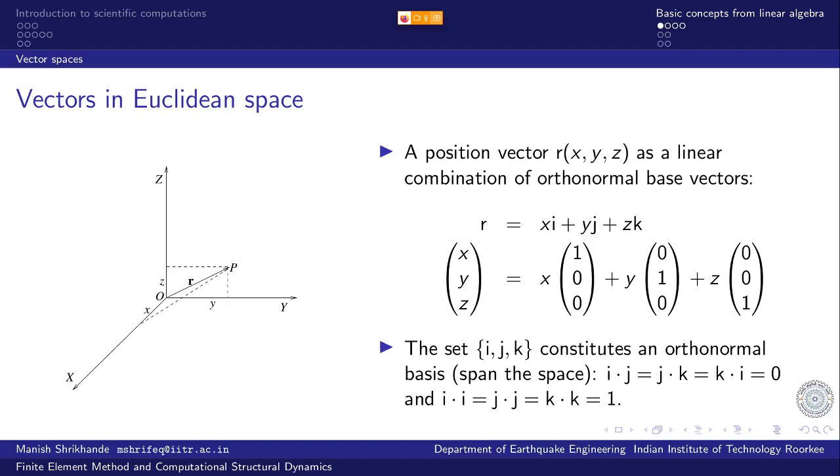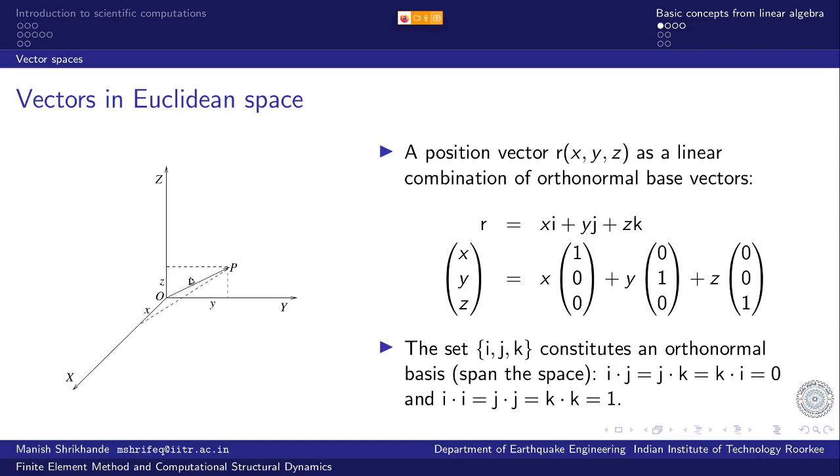And this set i, j and k constitutes an orthonormal basis. A set of vectors forms a basis when any vector in that space can be represented as a linear combination of those vectors.